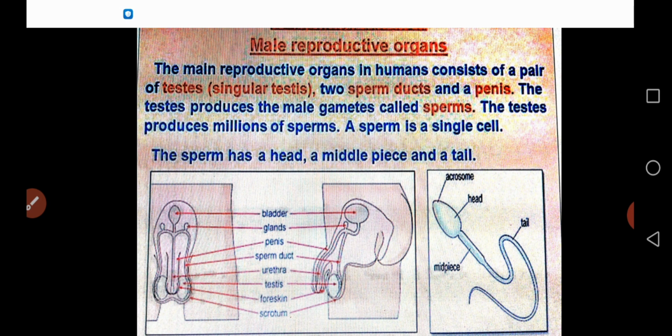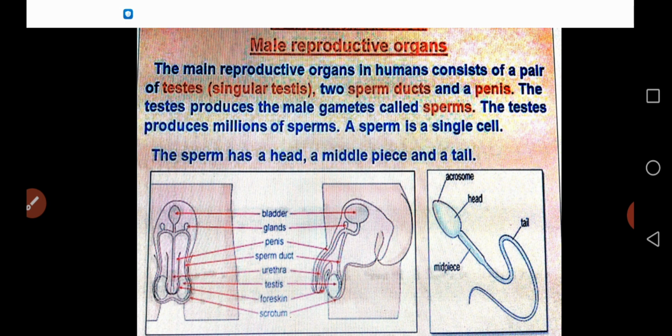Similarly, the male reproductive organ contains the sperm duct also. The male reproductive organ in humans consists of a pair of testes, two sperm ducts, and a penis. Through the sperm ducts, the sperm travel.